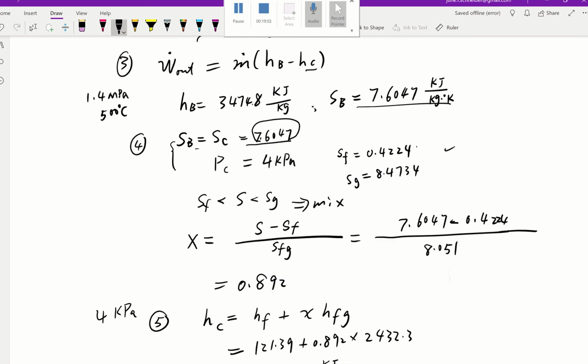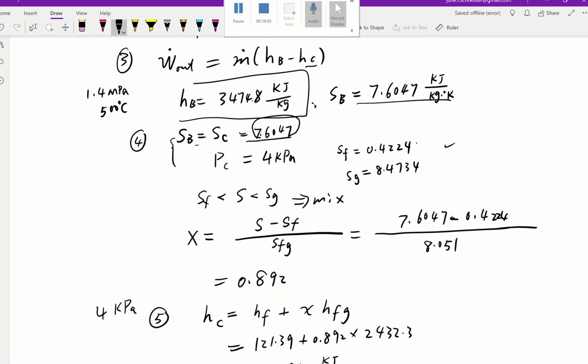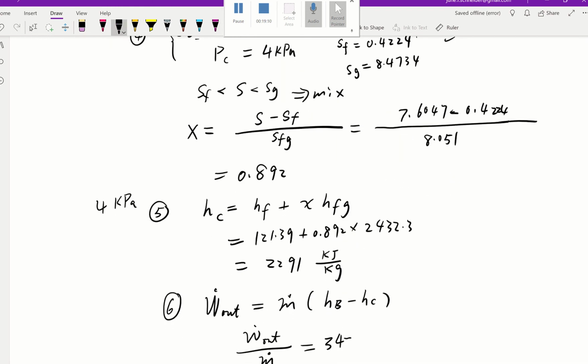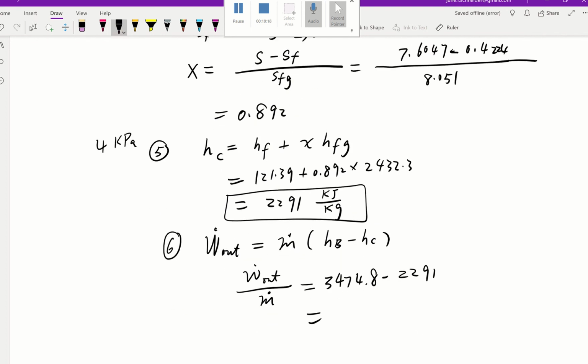Our HB for superheated is 3474.8 minus HC, 2291. When we do that, we have 1183.8 kilojoule per kilogram. That tells us how much work out per unit mass the turbine produces.